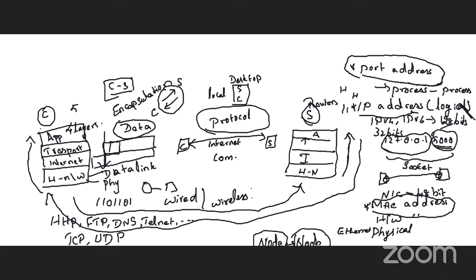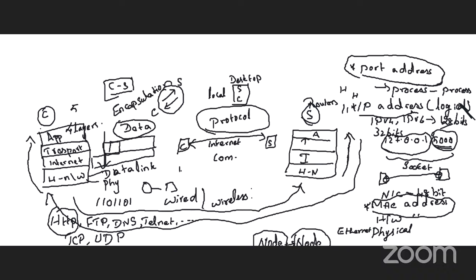And the HTTP protocol, we know, is between the web browser and the web server. Using the web browser, we can communicate to the web server using this HTTP protocol. For my system to the router, the router acts on an IP address.